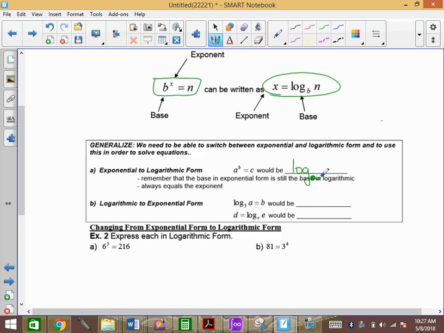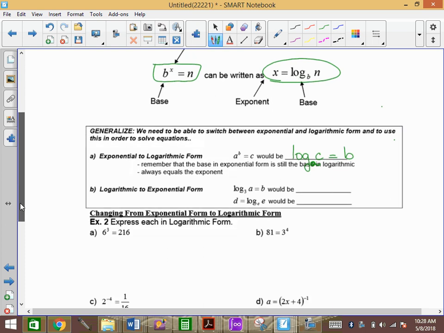So what's not with it? C. So I'm going to put a c beside. And then it equals b. Now, it should equal the exponent. Why should it equal the exponent? Because that's what we're solving for. Right? So if we can't get common base, we're trying to get what the heck the exponent is equal to. So when you actually convert an exponential to a log, it equals the exponent. Life is good. Life is easy. Okay?